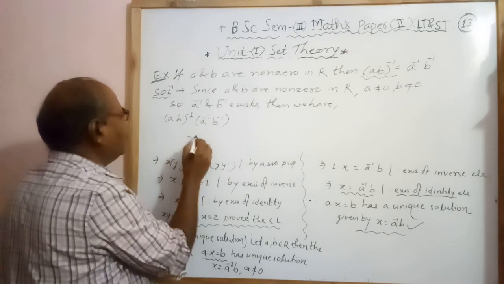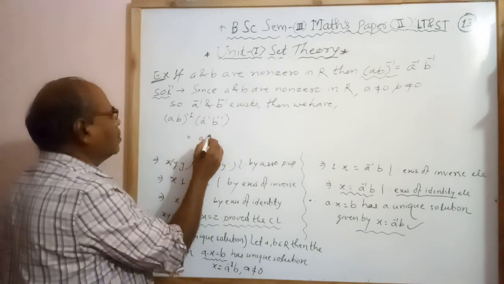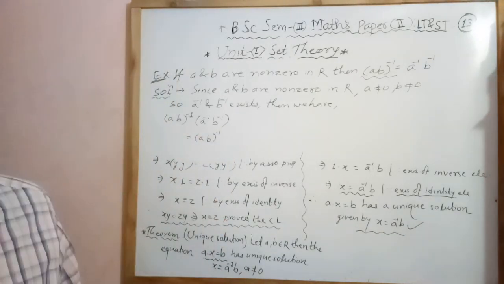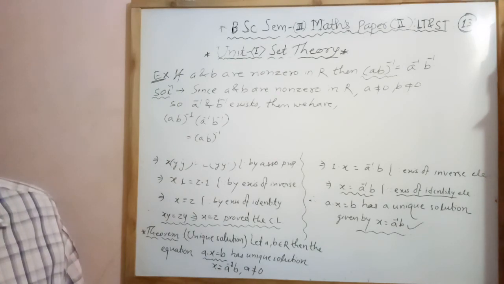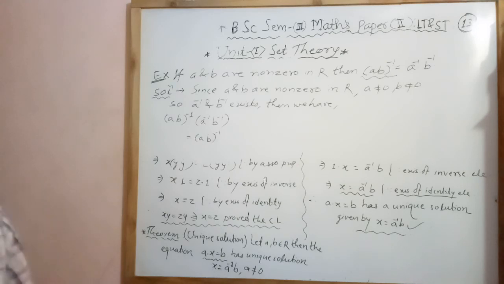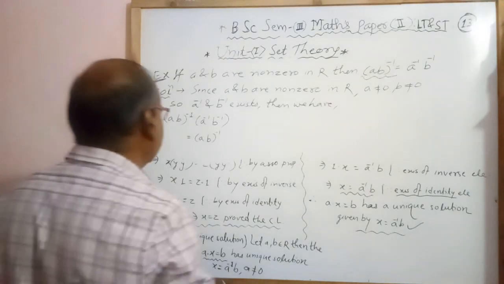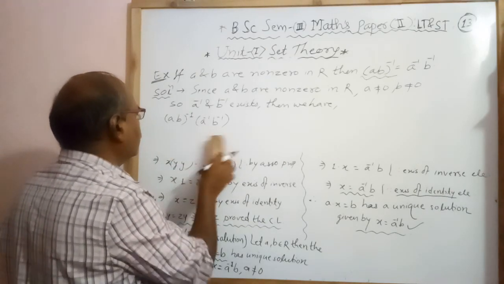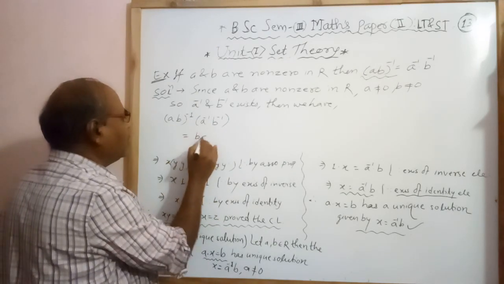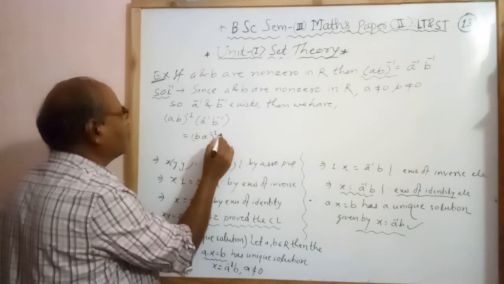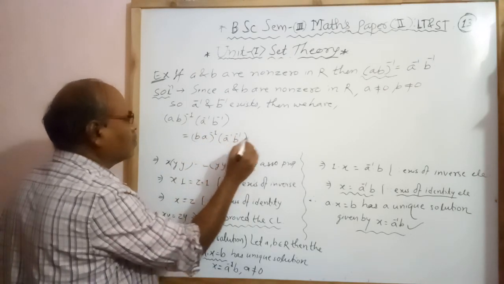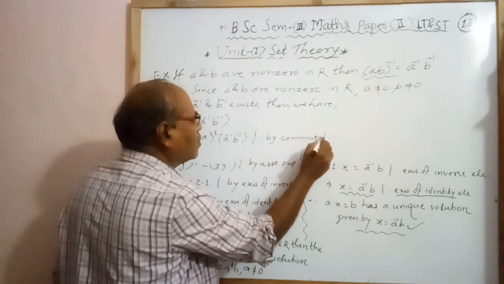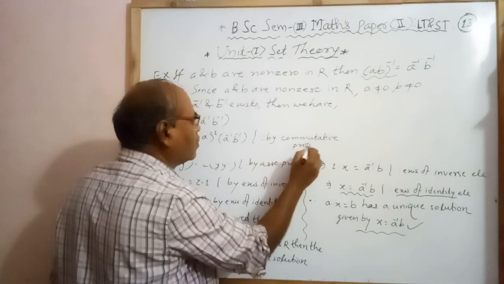Then we write AB into, by commutative property, AB equal to BA.